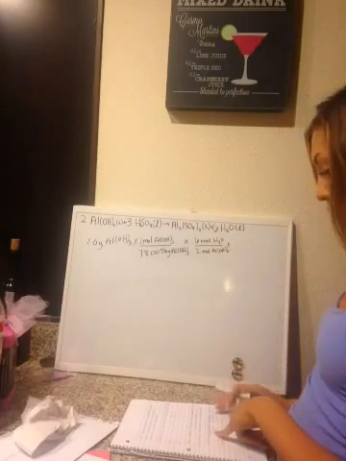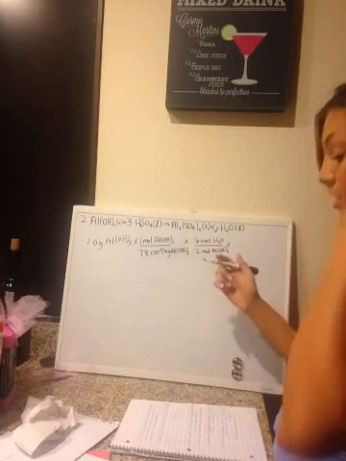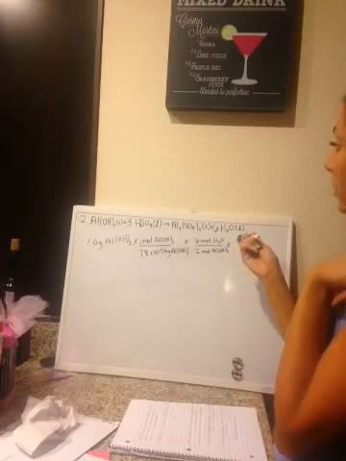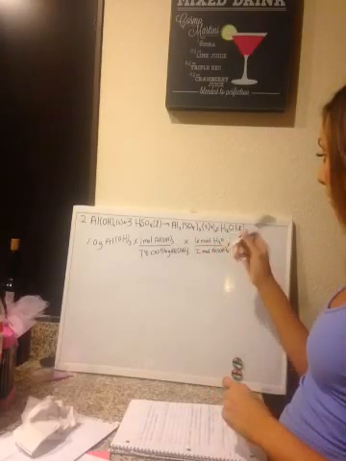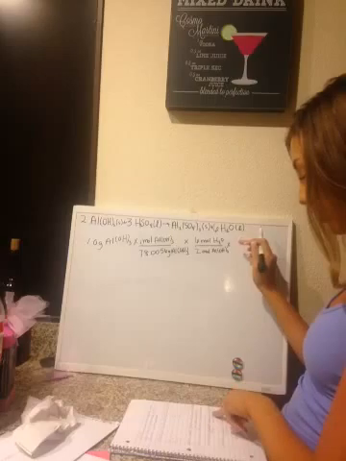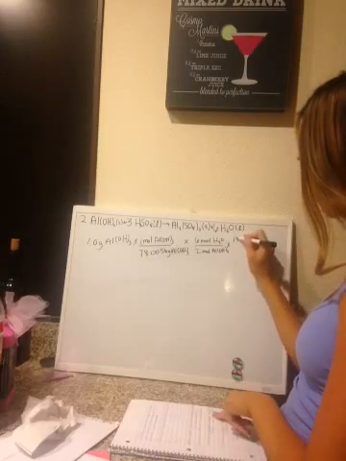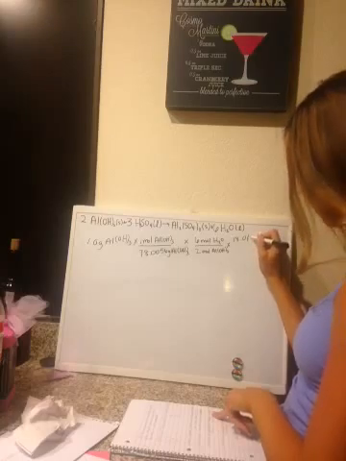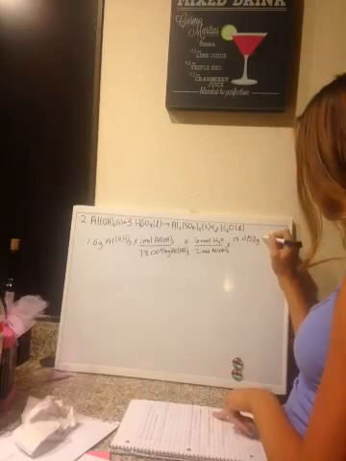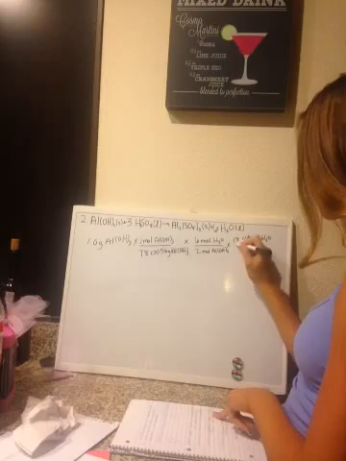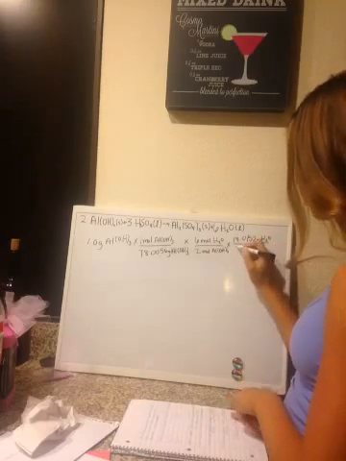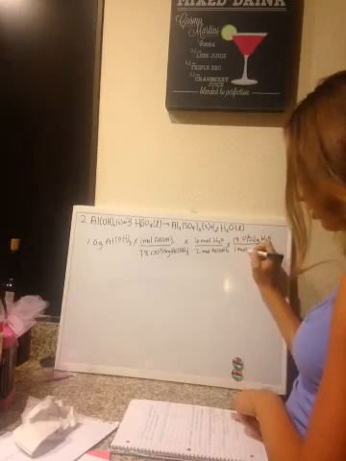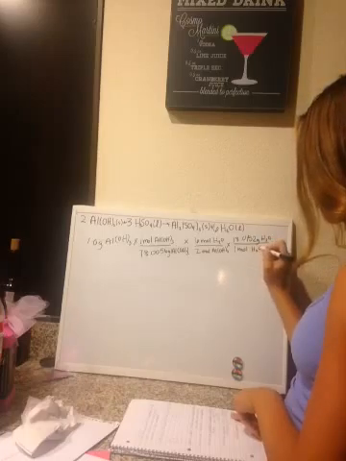And then, since we're trying to find the mass of the H2O, we multiply it by mass of H2O normally. So what that is 18.0152 grams H2O over 1 mole of H2O.